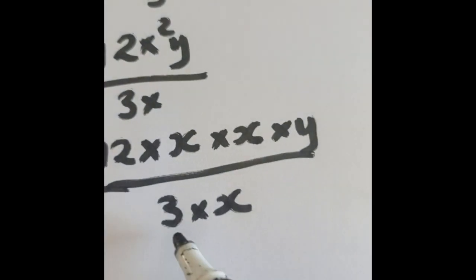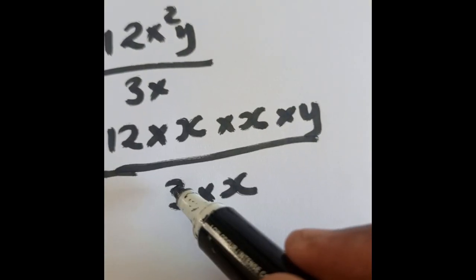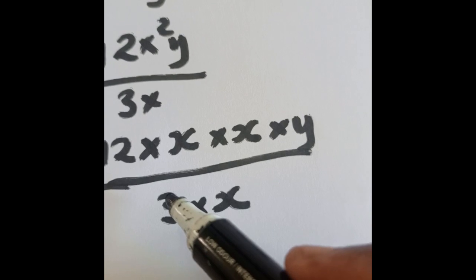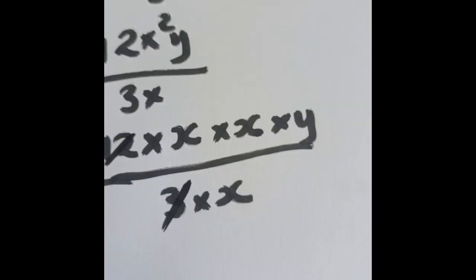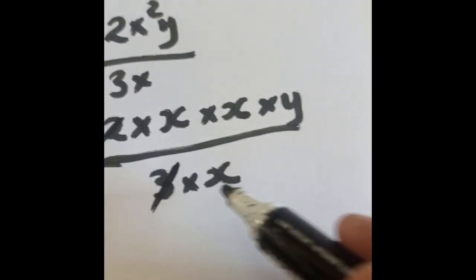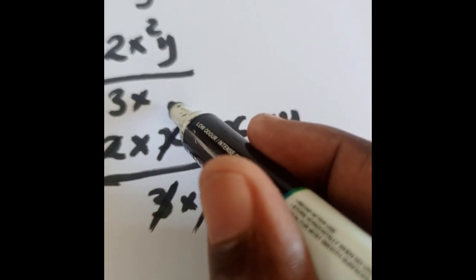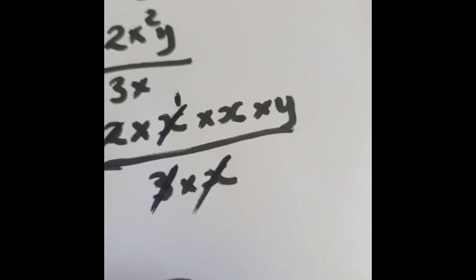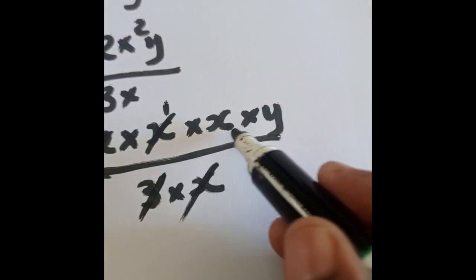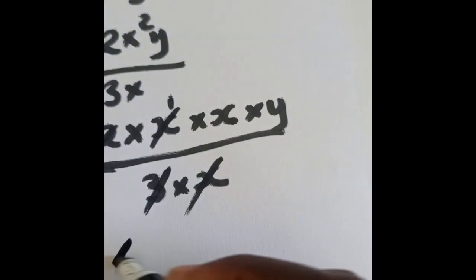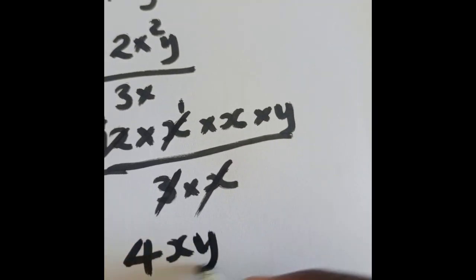So in this case, we are dividing, 3 is a common factor between 3 and 12. So cancel this, the normal division, we have 4. Now x will cancel one of the x's, so we have 1 there. So finally, in the numerator, we have 4 multiplied by x multiplied by y, which gives you 4xy.